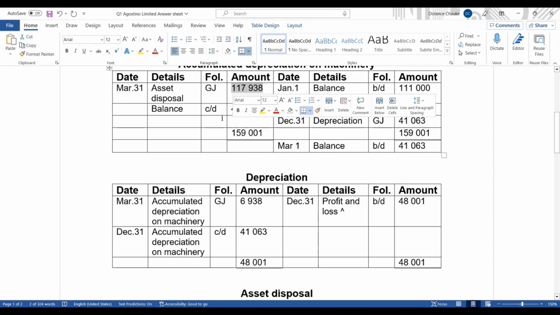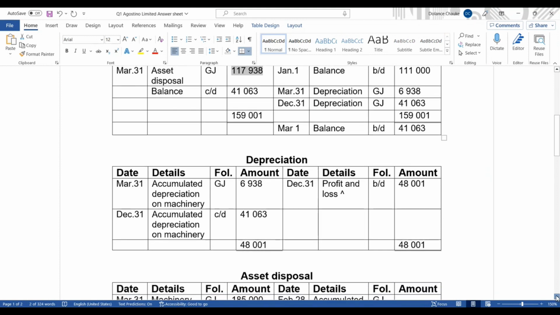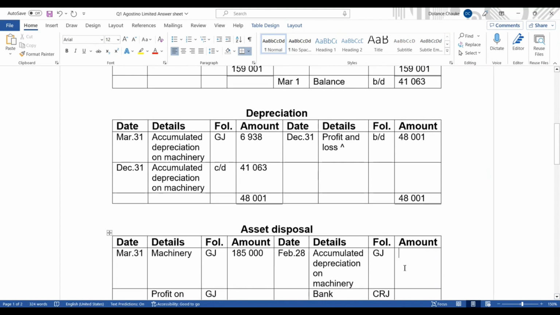Yes, you're gonna take that one. Always you take that amount that side, you bring it here. Once you are done with those, everything is done. So the main account that you must know better is the accumulated depreciation account, because there's a lot that you copy and paste from it to other accounts.